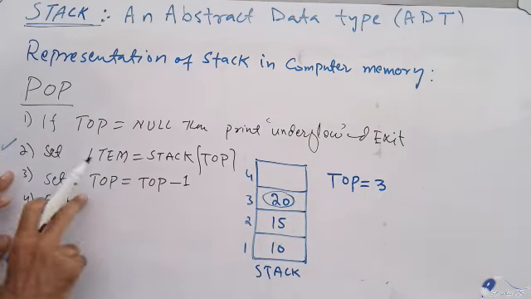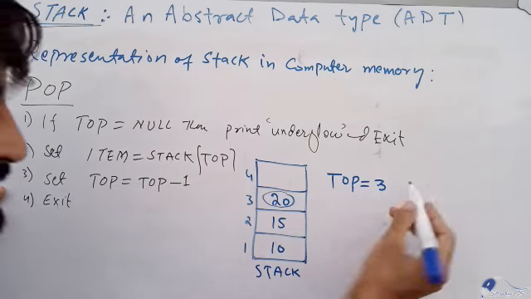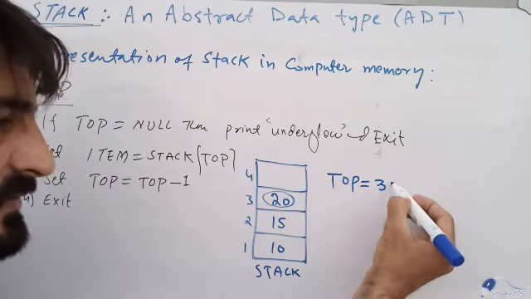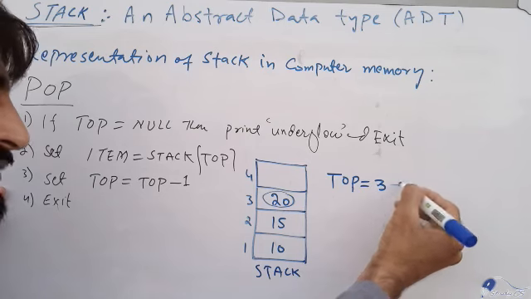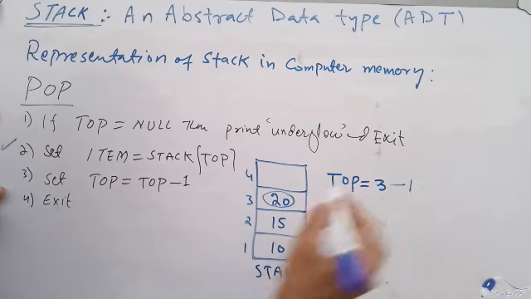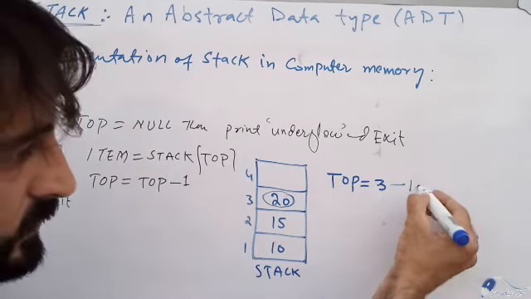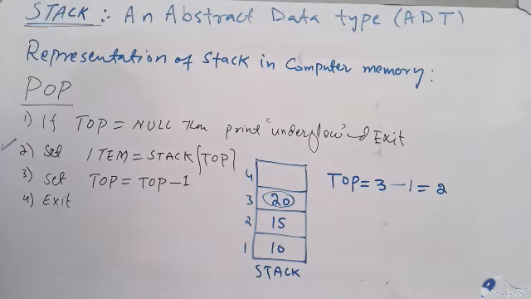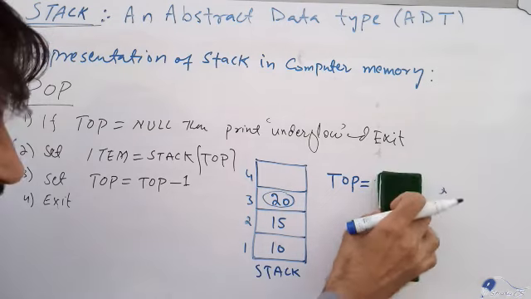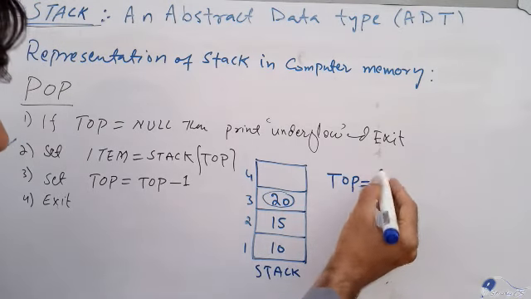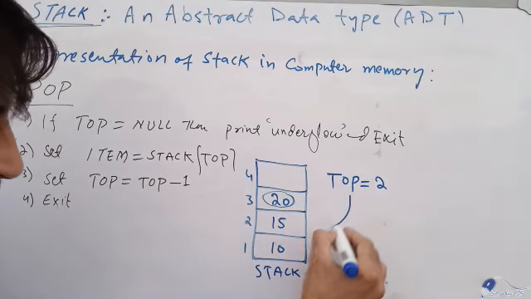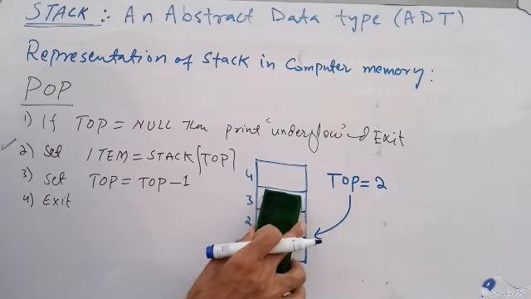So set top is equal to top minus 1, which means 3 minus 1, 2. So top will become 2, it will decrement top by 1. Now top will indicate this element, so 20 has been deleted.